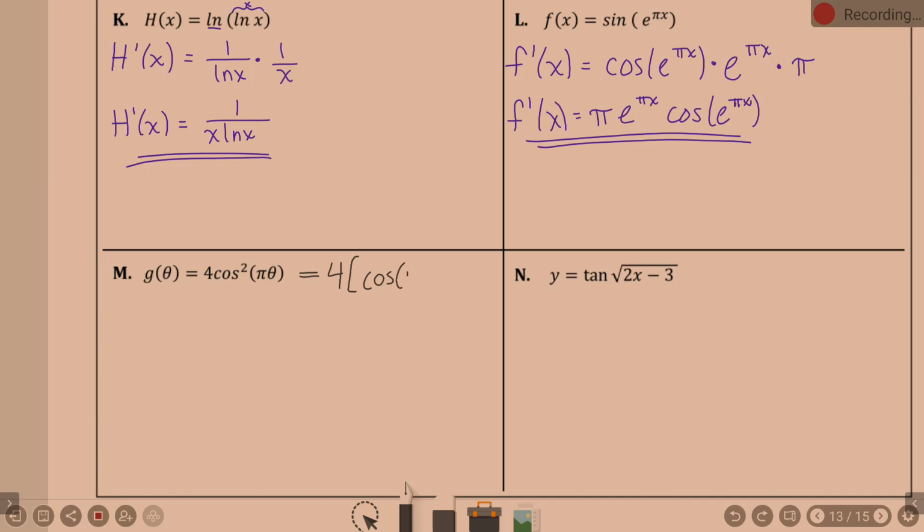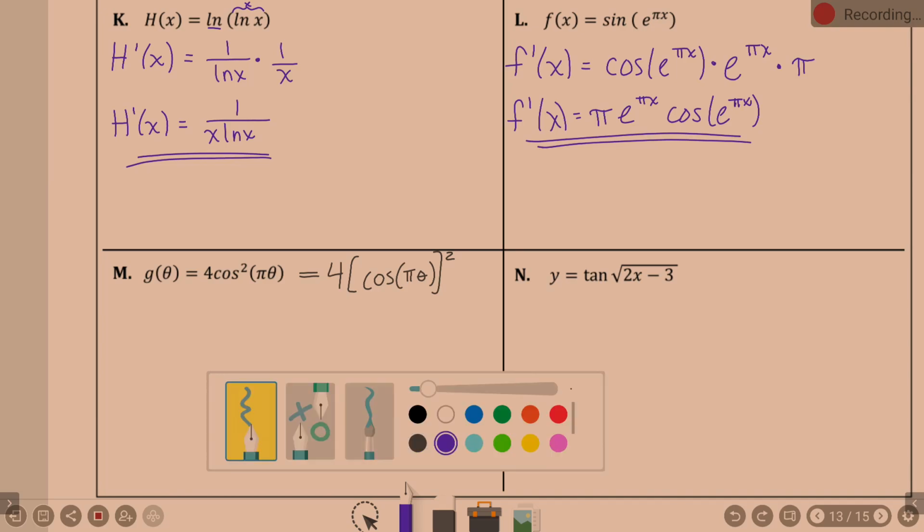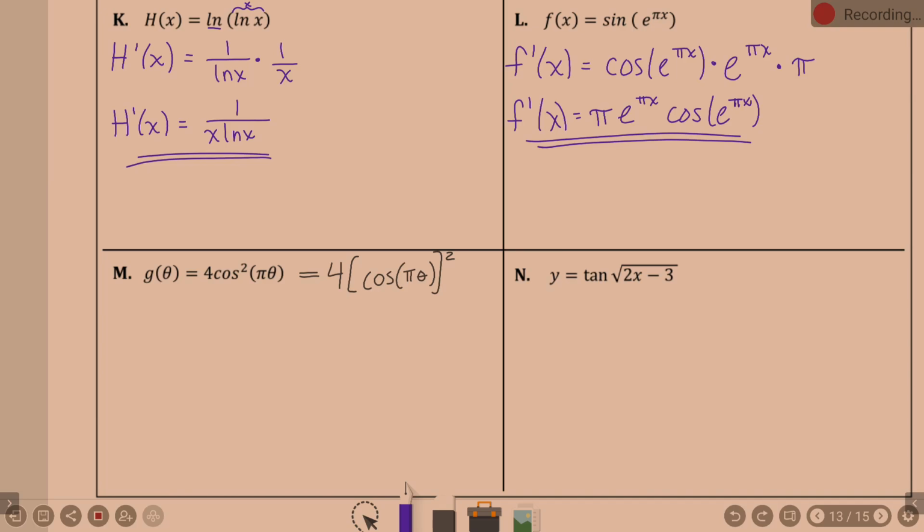So I'm going to say 4 cosine of pi theta, quantity squared. G prime of theta: the outside power is something squared, so multiply 2 out front and it becomes 8.